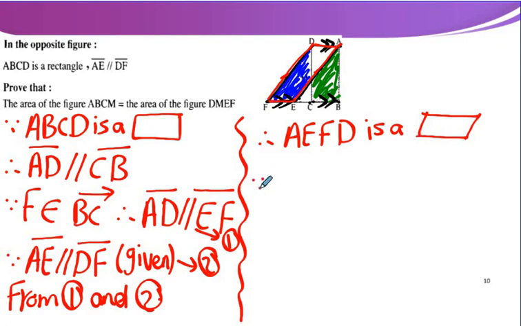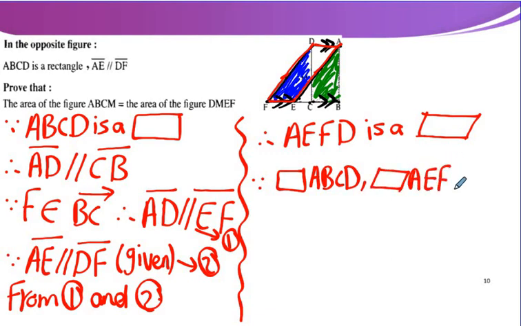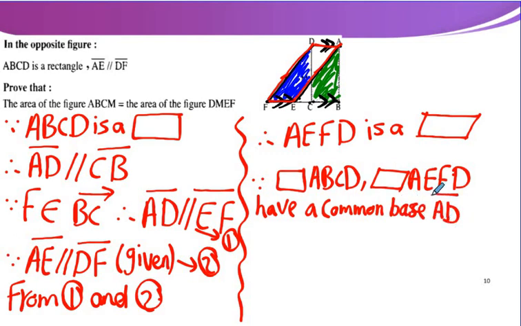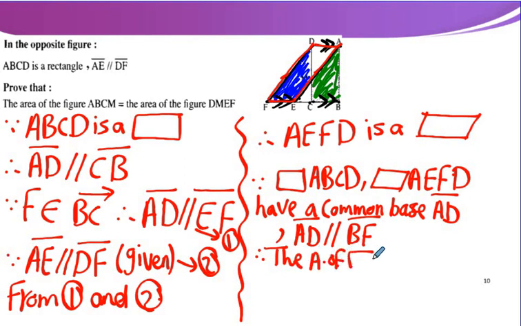And since the rectangle ABCD and the parallelogram AEFD have a common base, AD, and they are drawn between parallel lines, which are AD and BF, then the area of the rectangle equals the area of the parallelogram, right?